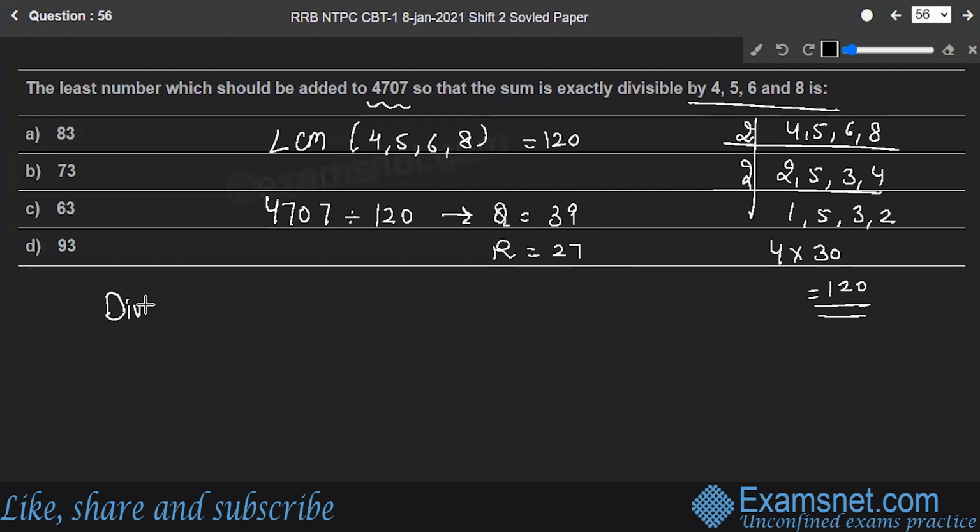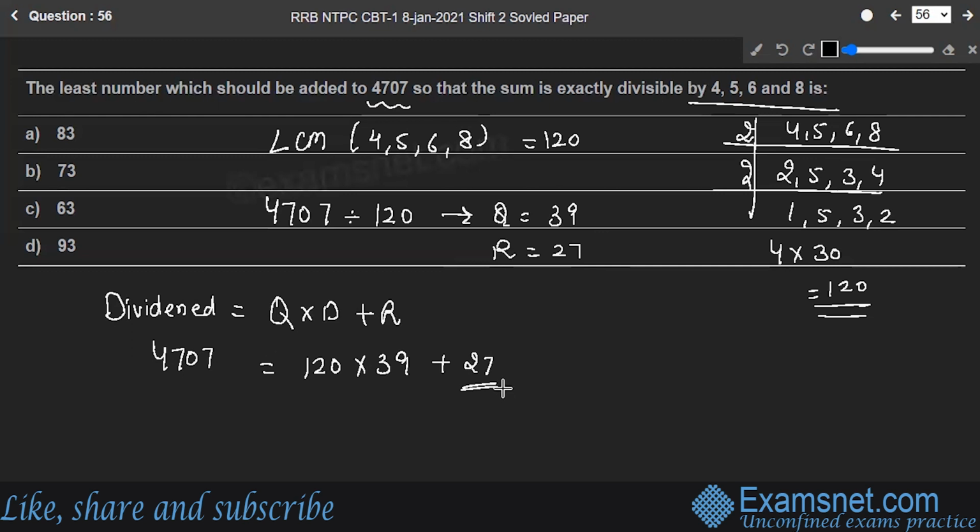You know one formula, that dividend is equal to quotient into divisor plus remainder, right? So that means 4,707 is equal to 120 multiplied by 39 plus 27. I don't want this remainder. I want to get rid of it. So let's subtract it on both sides, and here I'll have 0.